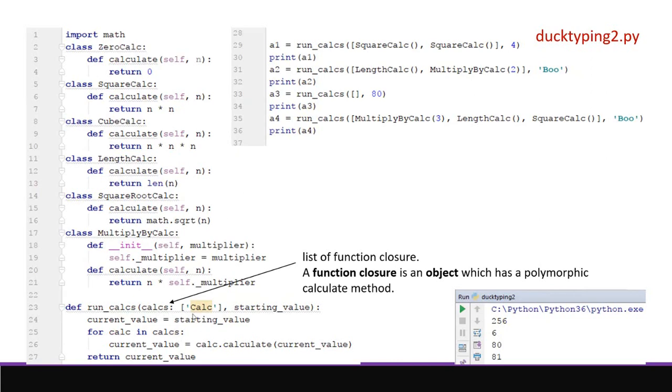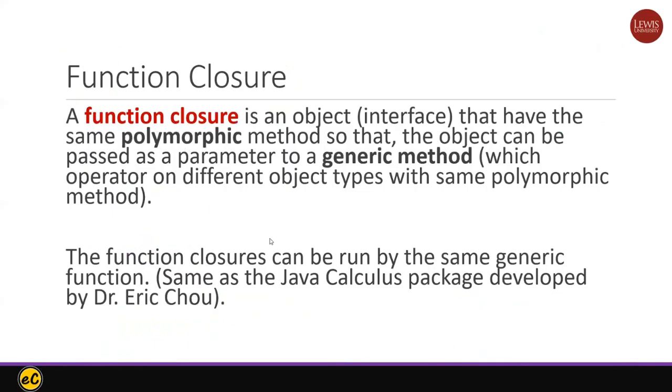So here is a list of functions. You get every function from there to calculate it. So here you run the calculator for foo, and run these three functions for foo. This is a function closure. So you can put your functions in a list and then process them one by one on foo. You can spend some time looking at function closure.